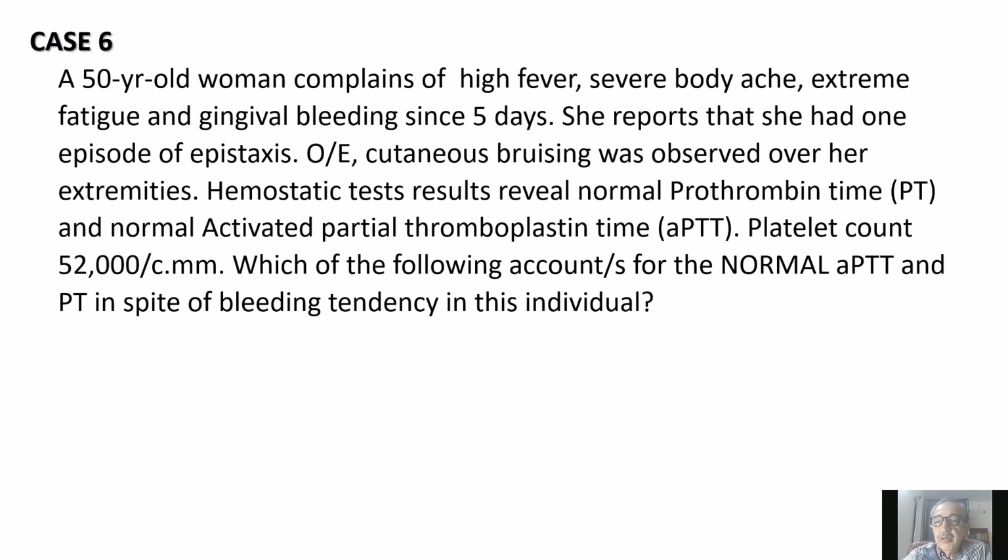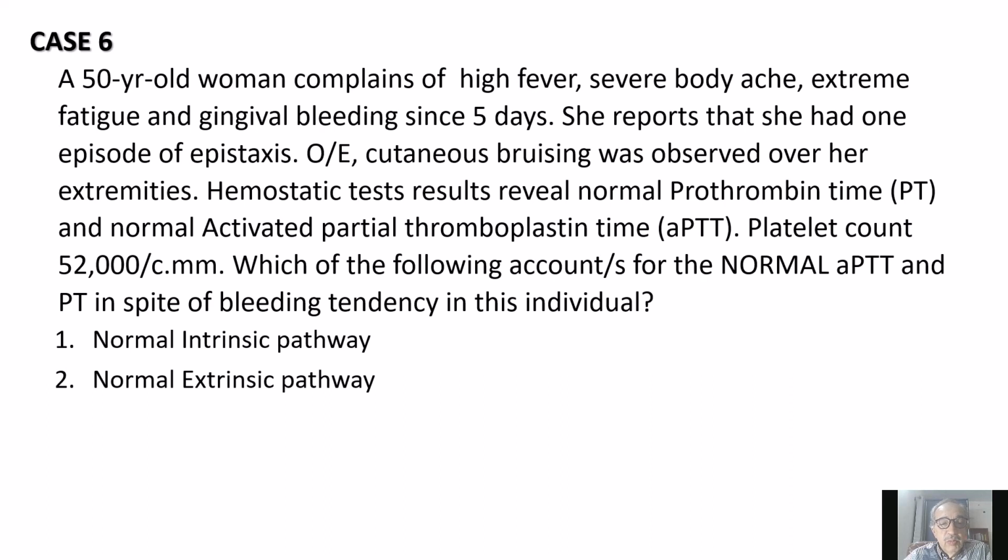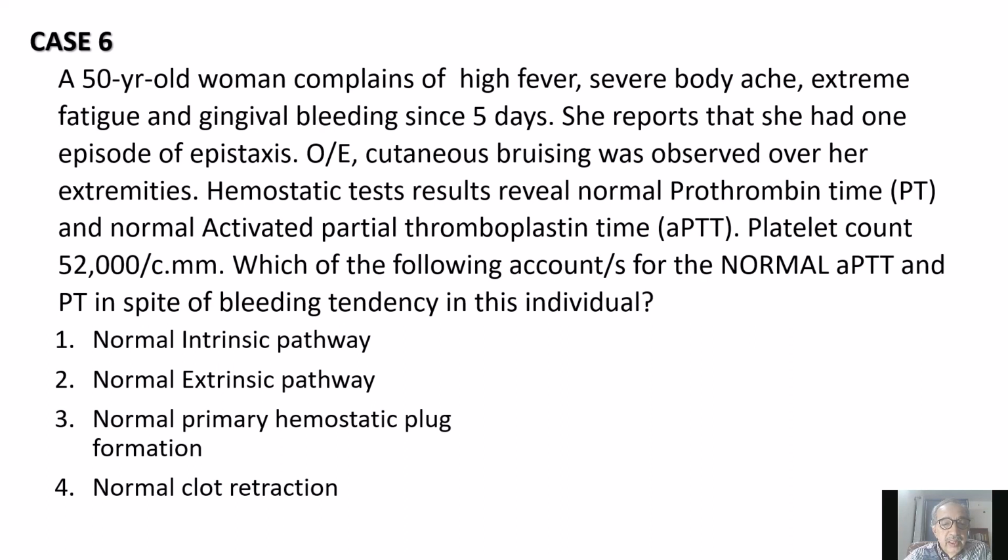Which of the following accounts for the normal APTT and PT in spite of bleeding tendency in this individual? There is a bleeding, but APTT, PT are normal. Why is that? There are so many options. We have to pick the right option. Normal intrinsic pathway, normal extrinsic pathway, normal primary hemostatic plug formation, normal clot retraction, normal stabilization of fibrin clot.